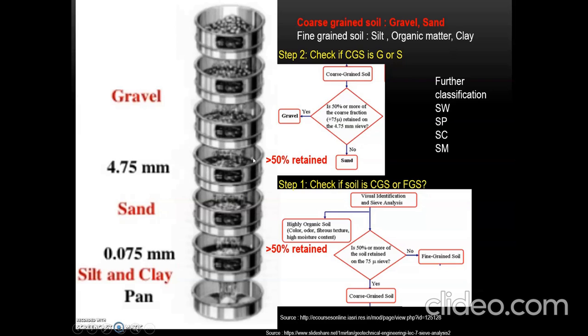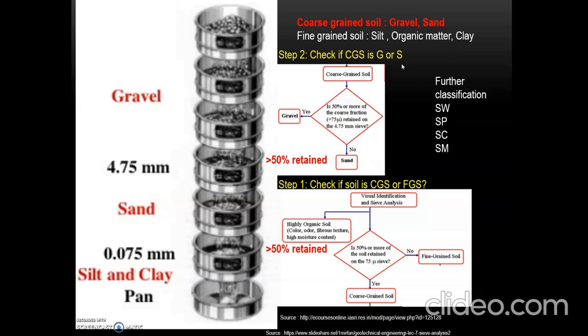Like if 50% or more of the soil is retained on 4.75 mm sieve, then it is gravel, because here we can see above 4.75 mm sieve is the size of the gravel. And if more than 50% passes through 4.75 mm sieve and is retained on 0.075 mm sieve, then it is sand. So now we know how to classify the coarse-grained soil into gravel and sand.